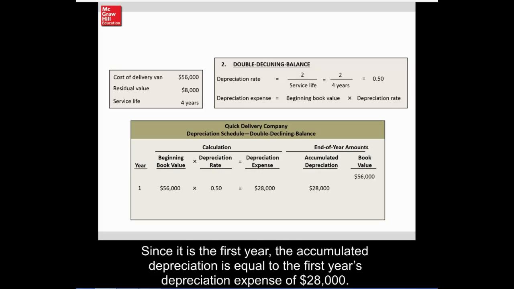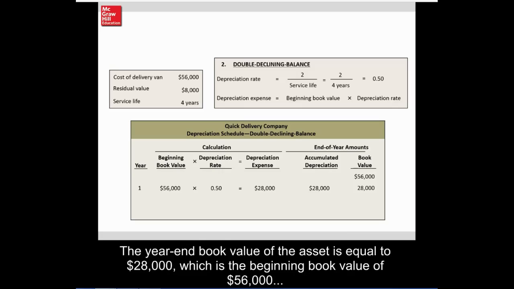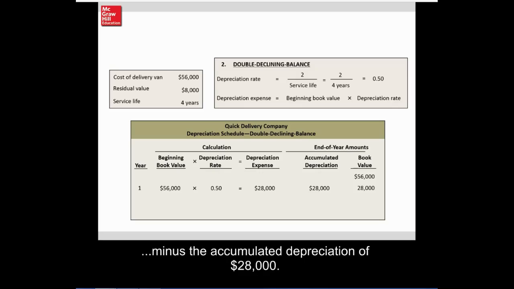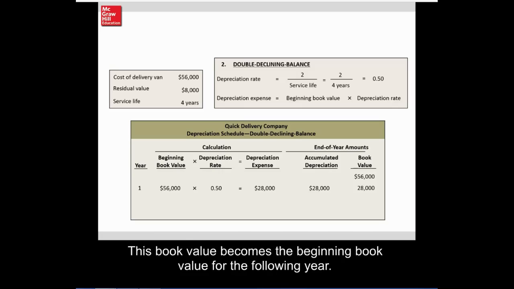Since it is the first year, the accumulated depreciation is equal to the first year's depreciation expense of $28,000. The year-end book value of the asset is equal to $28,000, which is the beginning book value of $56,000 minus the accumulated depreciation of $28,000. This book value becomes the beginning book value for the following year.